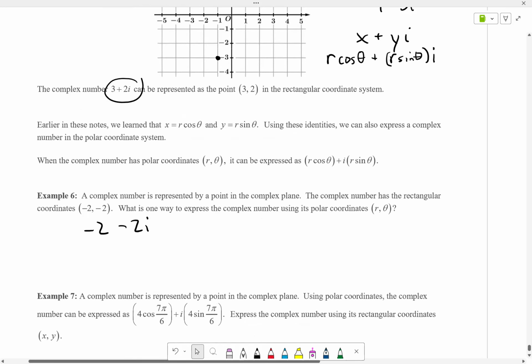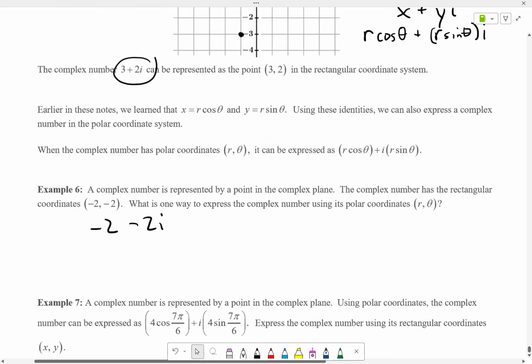Okay, so how can I get my r and my theta? We have x and y. We're in rectangular. We have to revert to polar.